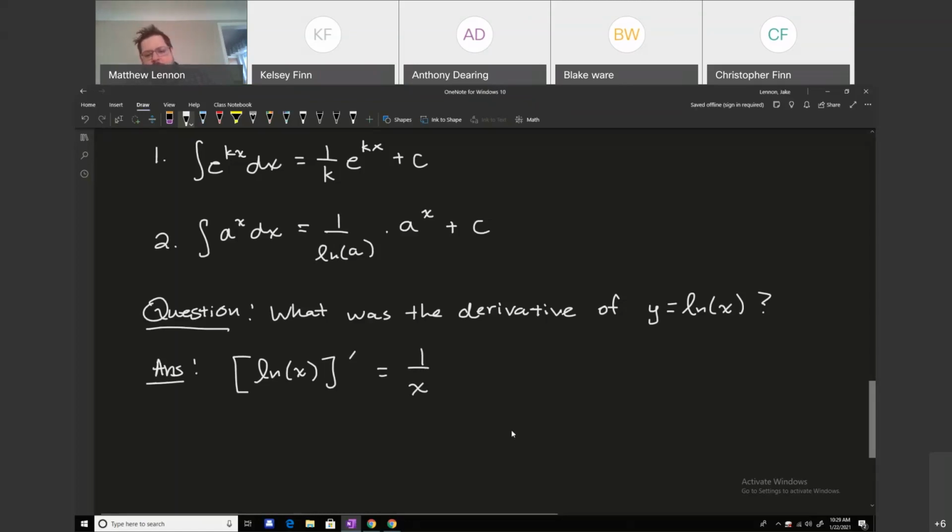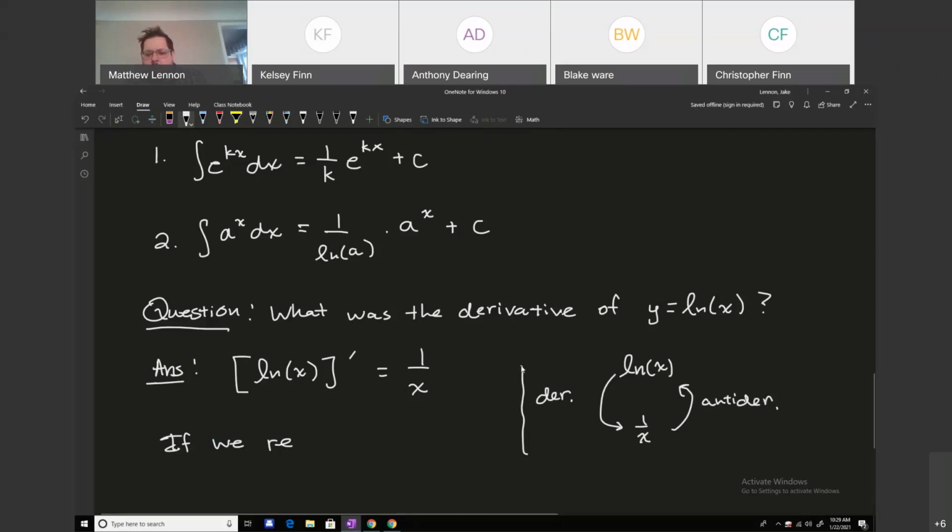So we can guess. If we reverse the process here, because if you think about taking the derivative of the natural log of x, you get 1 over x. So if you go the opposite direction, that should be the antiderivative, right? So this is the derivative, and this is the antiderivative.